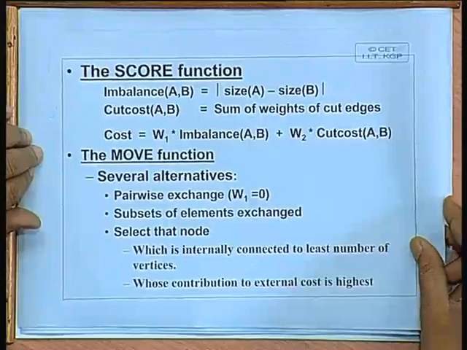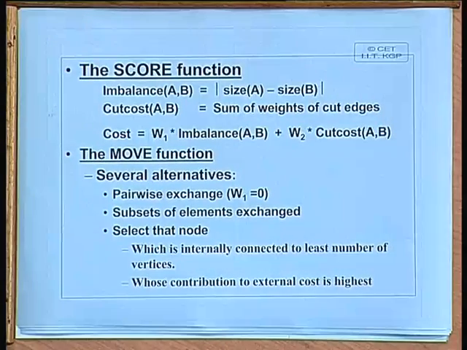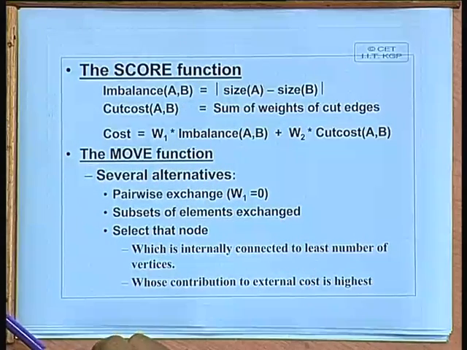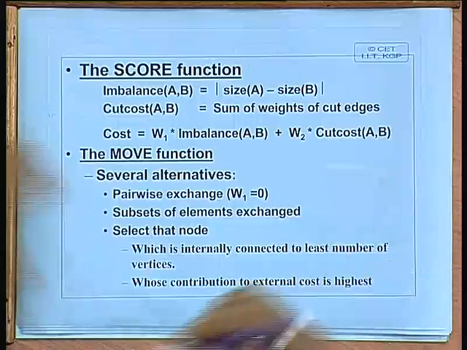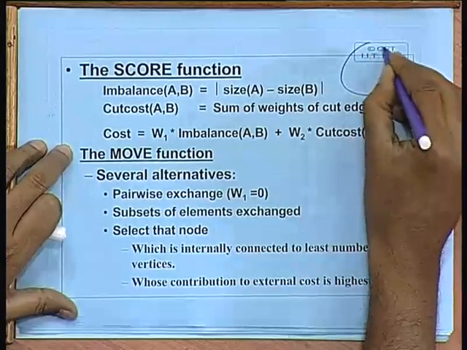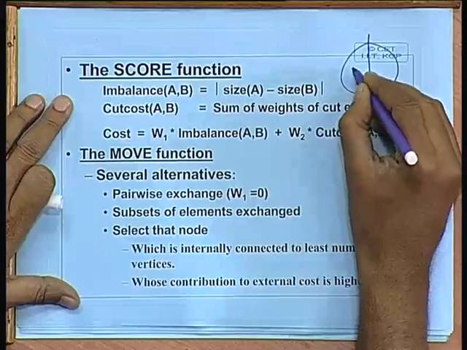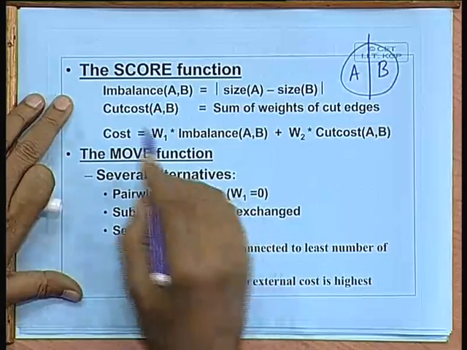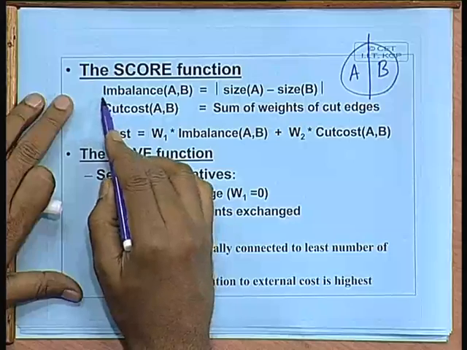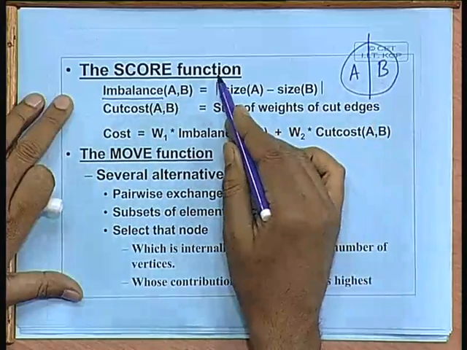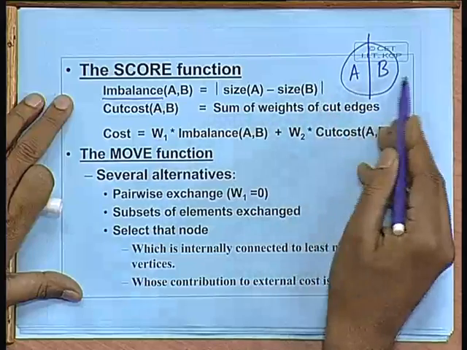So in terms of the details, the way you can compute the cost for partitioning is fairly easy. Say you have a system where you are partitioning into 2 subsystems A and B. You can define a factor called imbalance, the magnitude of size of A minus size of B, so the difference in the sizes.